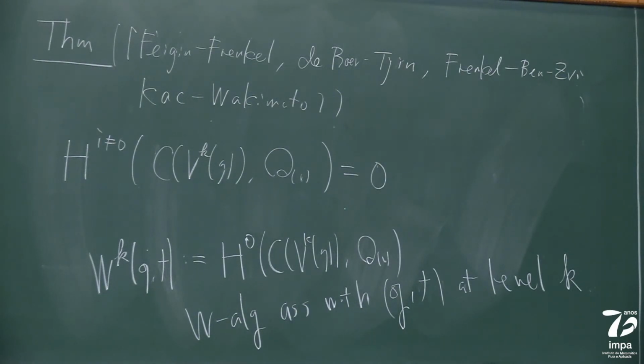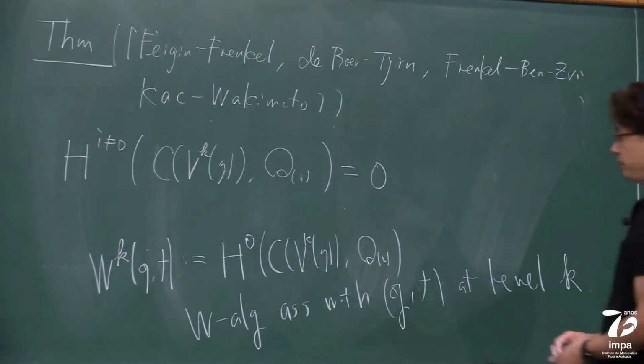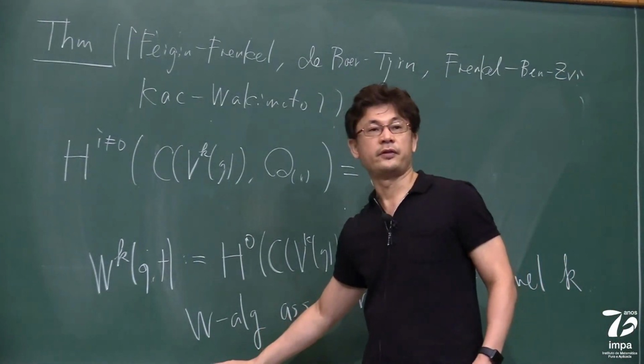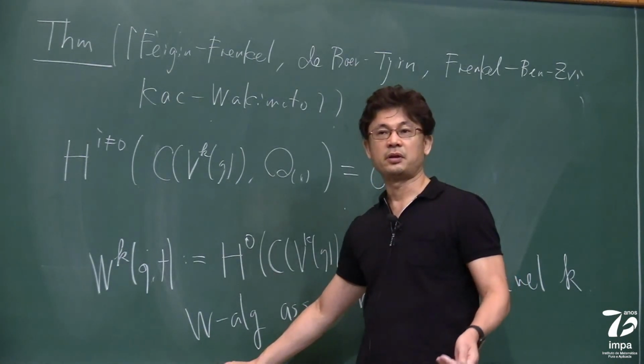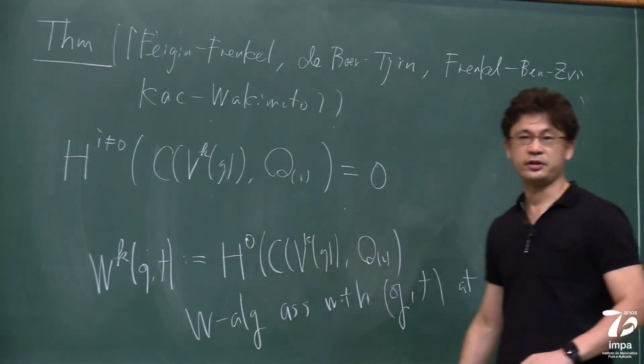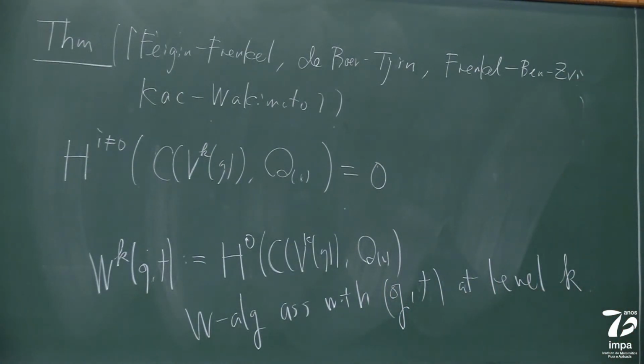So as you have seen, everything was totally parallel to the classical setting. We just have to consider the chiralization of each one, and then we reach the definition of the W-algebra.